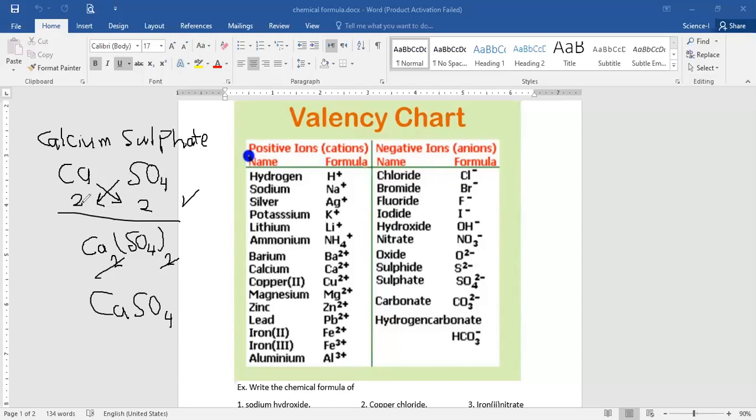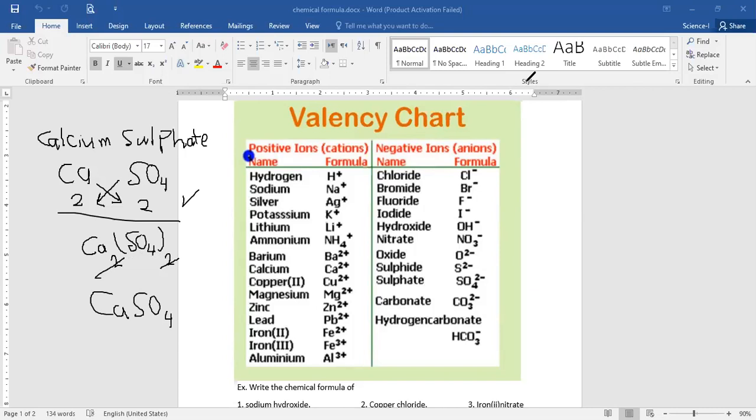We put the entire SO4 in brackets because it's one thing. So 2 calcium bonded with 2 SO4, which means 1 bonds with 1. Just simplify. It must be in the simplest ratio. So 2 to 2 means 1 to 1. You get the idea, guys?